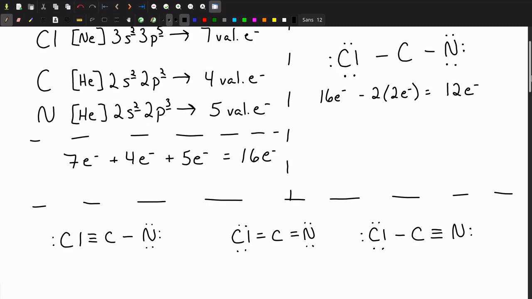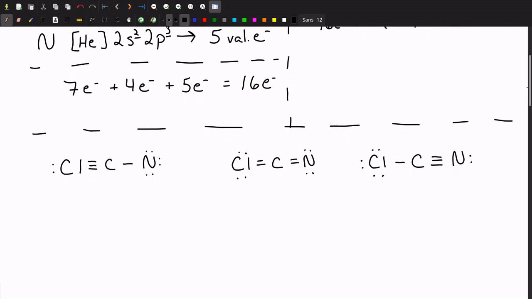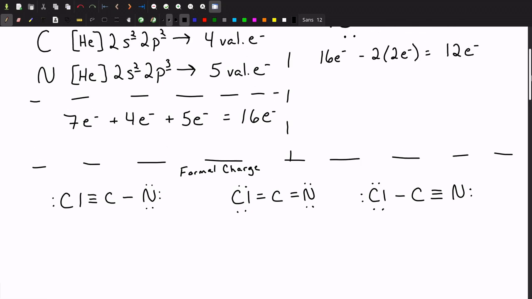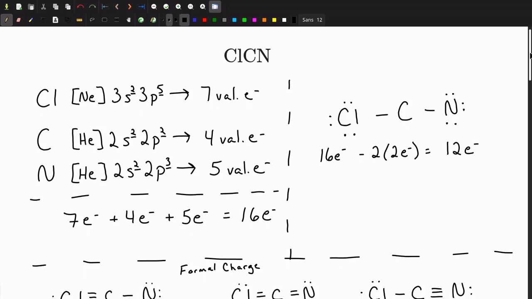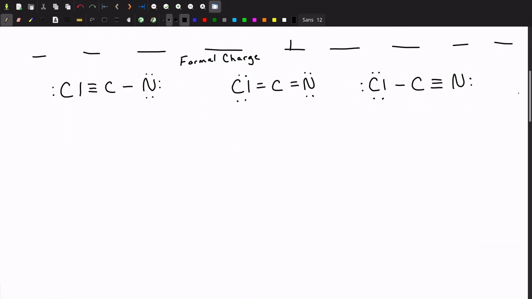Now, to make this decision, we are going to have to invoke formal charge. In order to calculate the formal charge, you calculate the formal charge for each and every atom, and in order to do it, we're going to start with their number of valence electrons. So chlorine's going to start with 7, carbon's going to start with 4, nitrogen is going to start with 5.